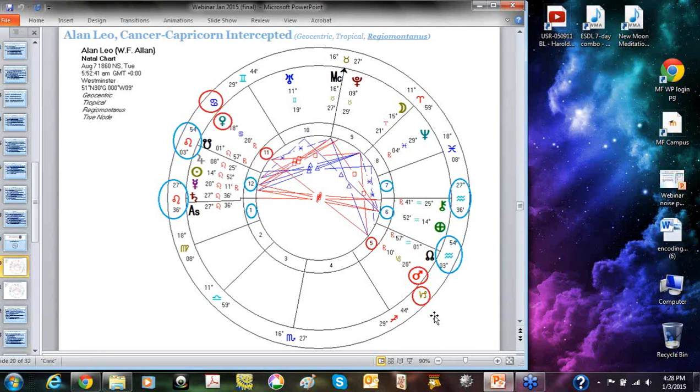Now, when you have this setup, because every cusp has to have a sign, you end up with double signs. In other words, you end up with the same sign on two cusps.